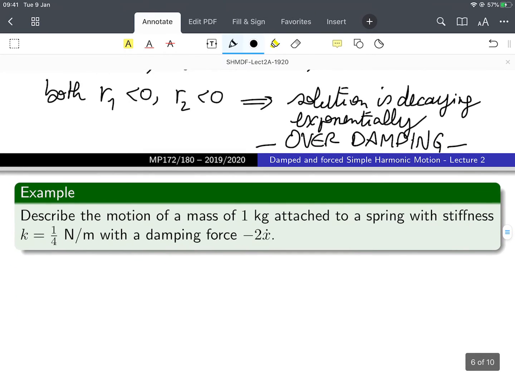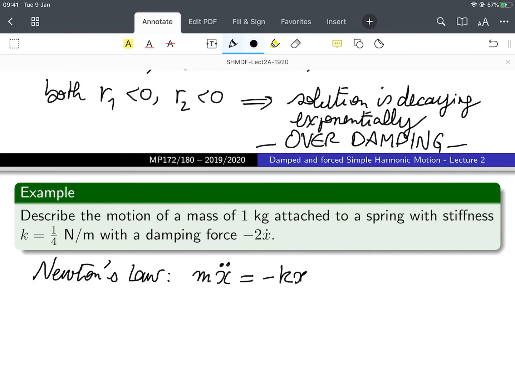So practically, let's look at this example here. Motion of a mass of 1 kilo attached to a spring with stiffness k equals 1/4 with damping force minus 2 x dot. Alright, so I'll just write Newton's law. Ma equals F, so it's going to be m x double dot. So first there's the spring force minus kx, and then there is the damping force.